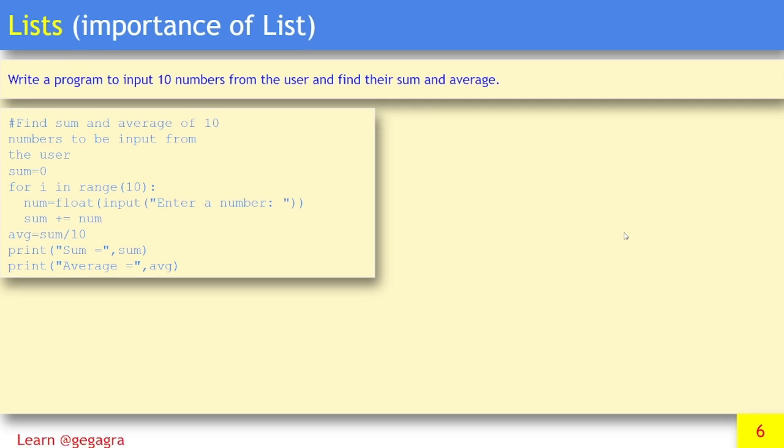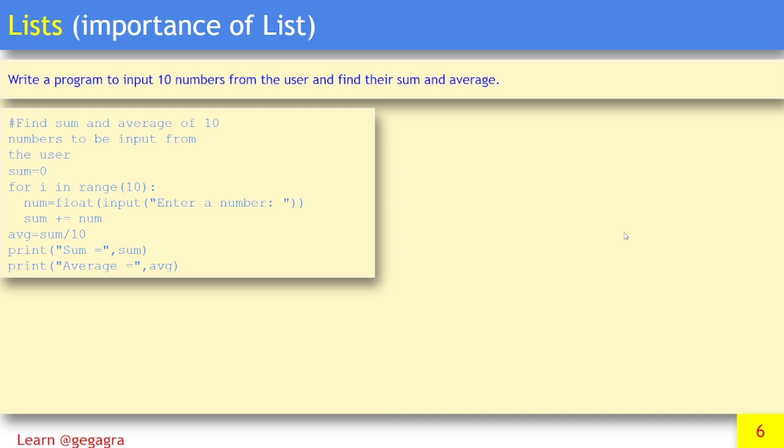If I say it doesn't show the need of the list, yes, but one thing I want to tell you: the 10 float numbers which you are entering through this code or script, after getting all these 10 float values and summing them up, if I say print all those values which you have entered through this script later, out of the loop, after printing the sum and average.